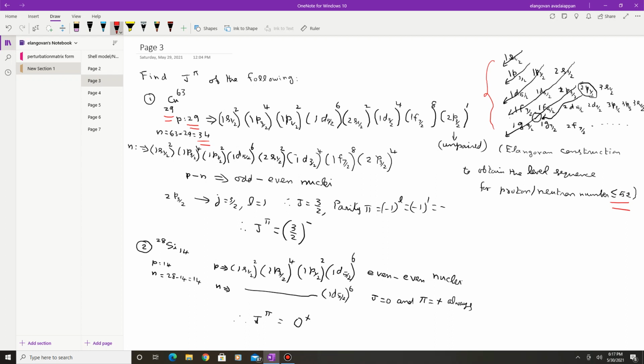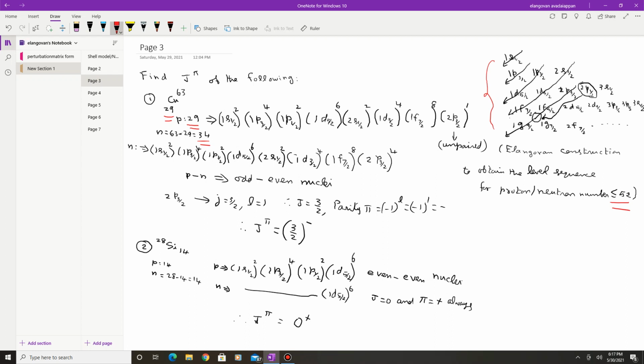You can write down these values because this is much easier to remember when compared with the previous one. So mostly in gate examinations or NET examinations or any type of examination, the proton number or neutron number will usually be less than 52. Since it is less than 52, you can use this diagram.